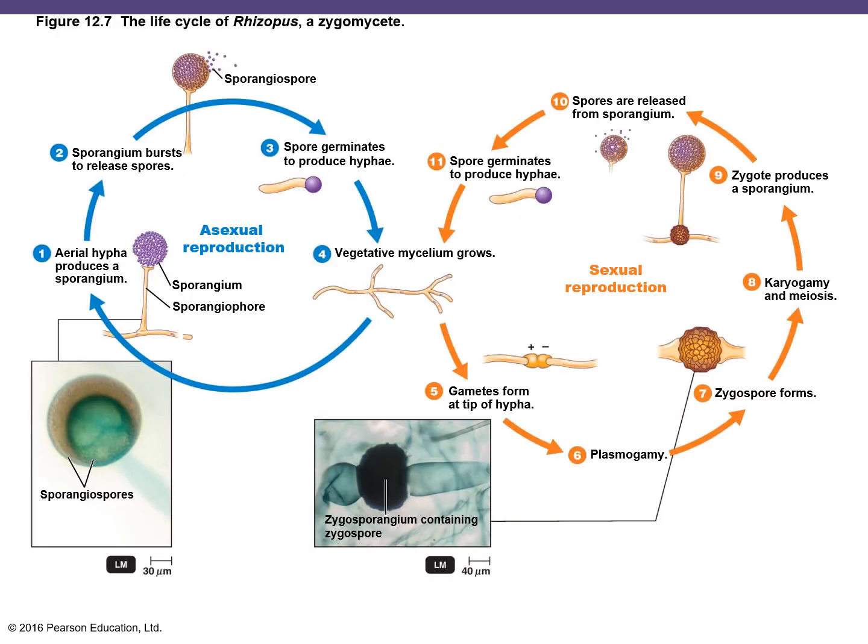This is a diagram of the life cycle of Rhizopus, a zygomycete, reproducing sexually as well as asexually. Asexual reproduction is through the sporangium or sporangiophore, as we mentioned, and sexual reproduction uses the nuclei of two cells.